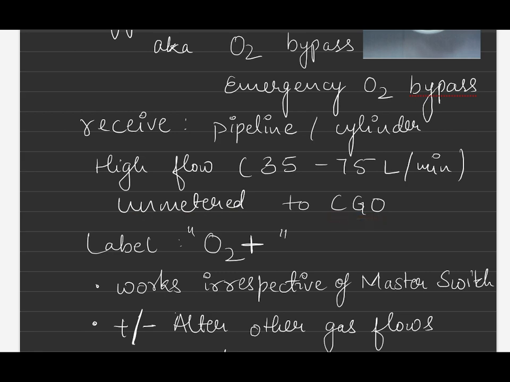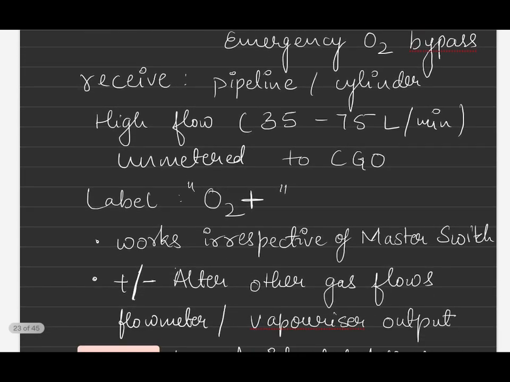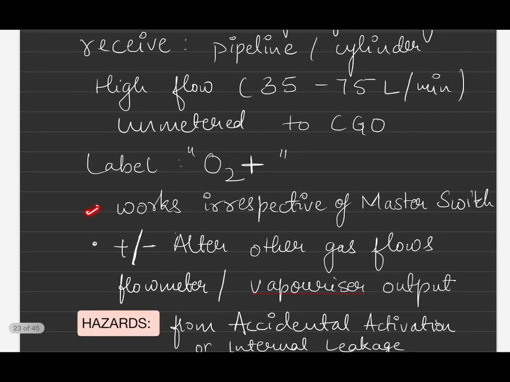The label is O2 plus, as you have seen in this diagram, and it works irrespective of the master switch. We have already discussed this. Either the master switch is on or off, it doesn't matter, oxygen flush will work.